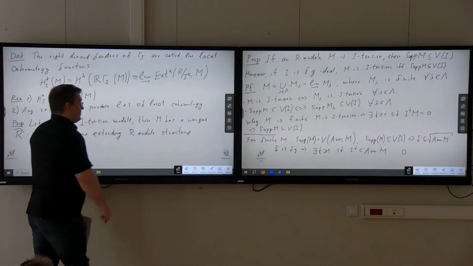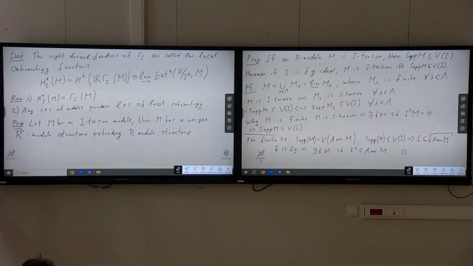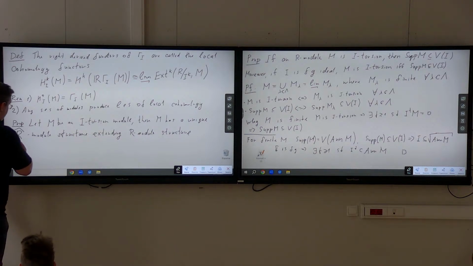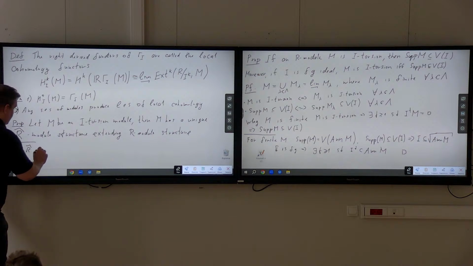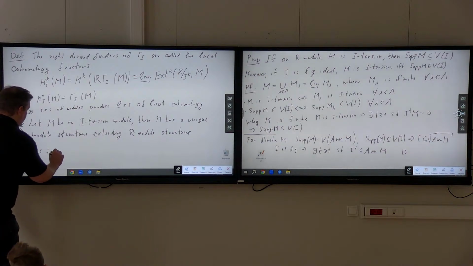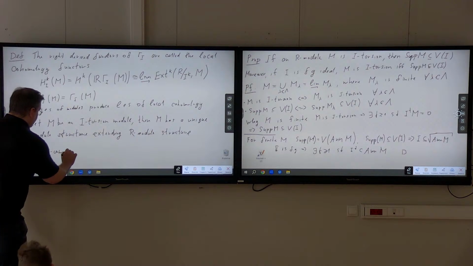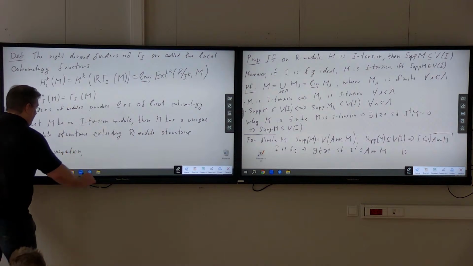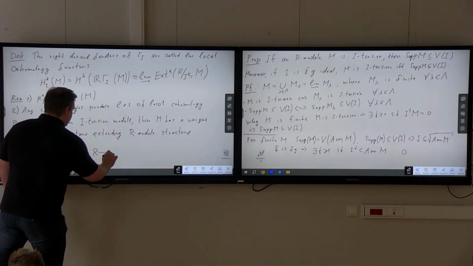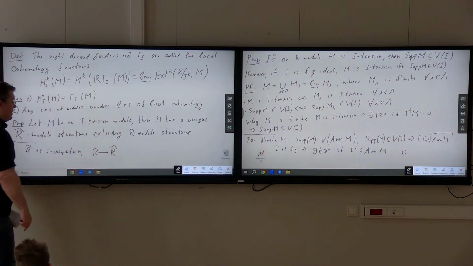This is completion by I. Yeah, so here R hat is just the completion of the ring R with respect to the ideal I. And we always have a canonical map from the ring to its completion.